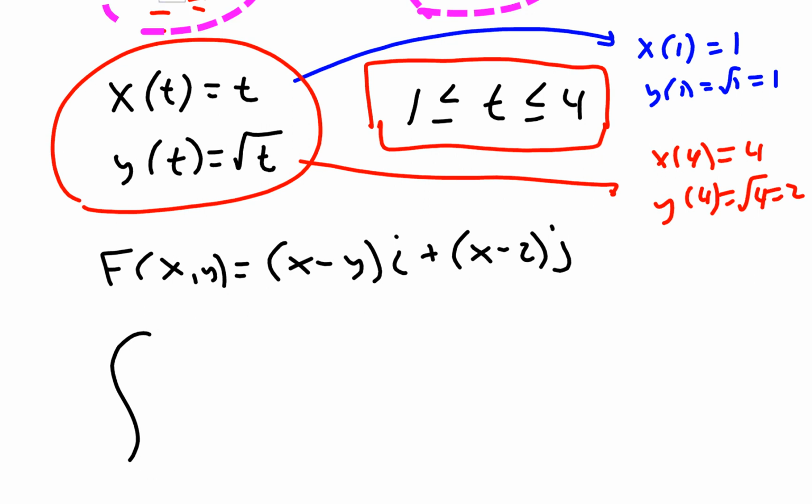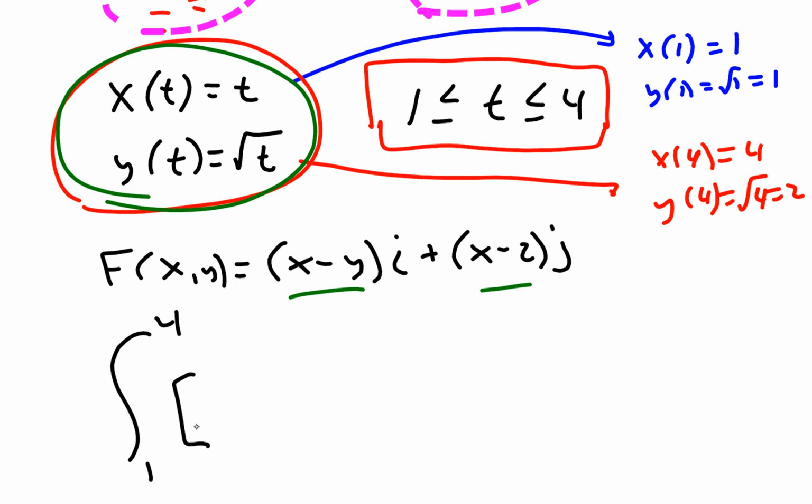Our domain is going to go from 1 to 4. We're going to plug these things into here and write f of r of t. That's how we refer to it. So it's going to be t minus square root of t times i plus t minus 2 times j.